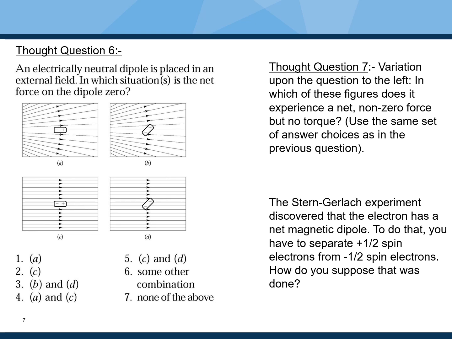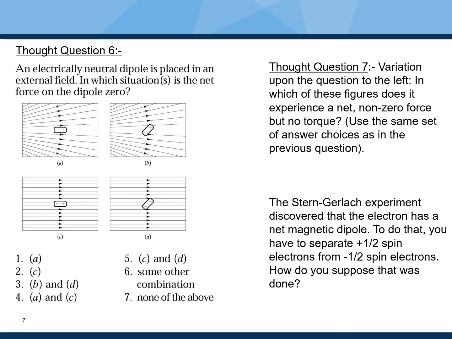The lower two panels show the dipole placed in a uniform electric field. So the question asked of us is, in which situation is the net force on the dipole exactly equal to 0? Okay, so let's go ahead and find that out.